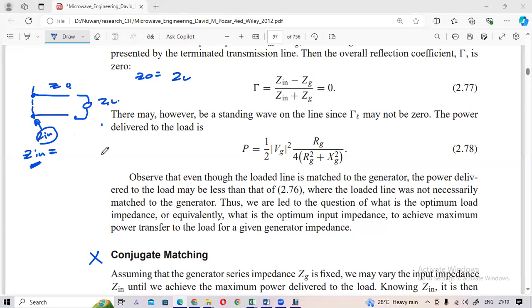Yes, very good. That is Z naught, the line impedance.